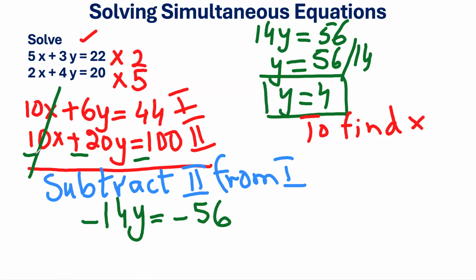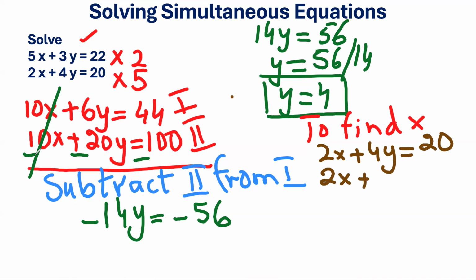So I'm using equation number 2. You can use equation 1 also. Equation 2 is 2x plus 4y is equal to 20. Here I'm going to substitute the value of y.